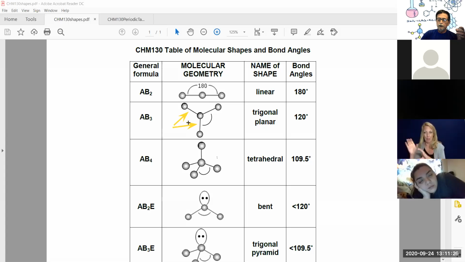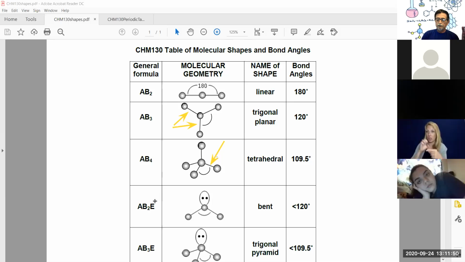Again, that line represents a bond, and we have 4 bonds here, each one having a total of 2 electrons. So we have 8 electrons there that repel each other. And therefore, that configuration gives us the maximum separation of the charges of the electrons.